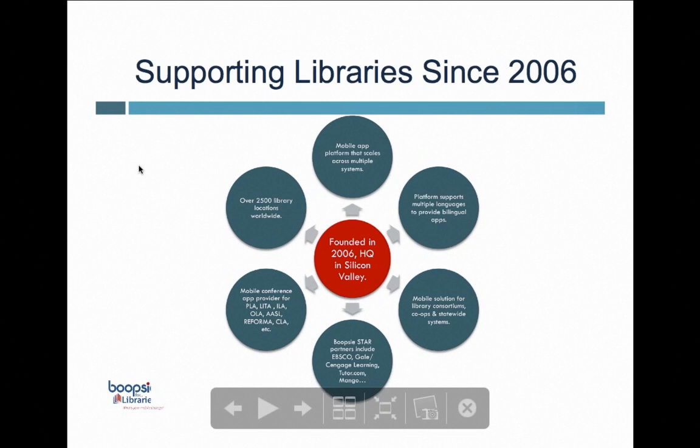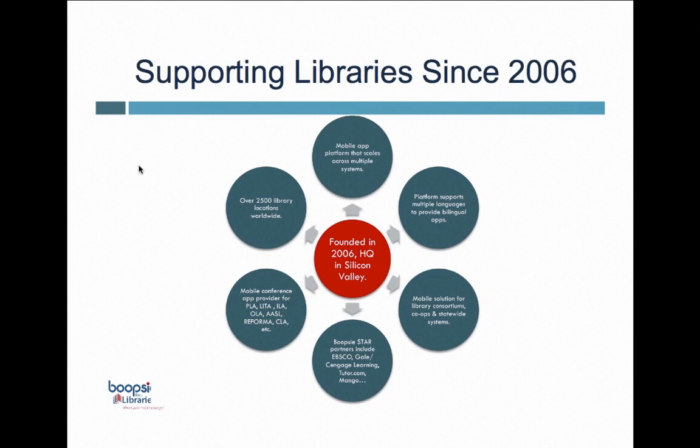And just a little bit more about us. We were founded in 2006. We're headquartered here in the Silicon Valley. So hello from California. We're in over 2,500 library locations worldwide, and we are the industry leader in providing mobile apps for libraries. Again, we support multiple languages. Our platform scales across multiple systems, including statewide systems, consortiums, co-ops, you name it, we're kind of in there.